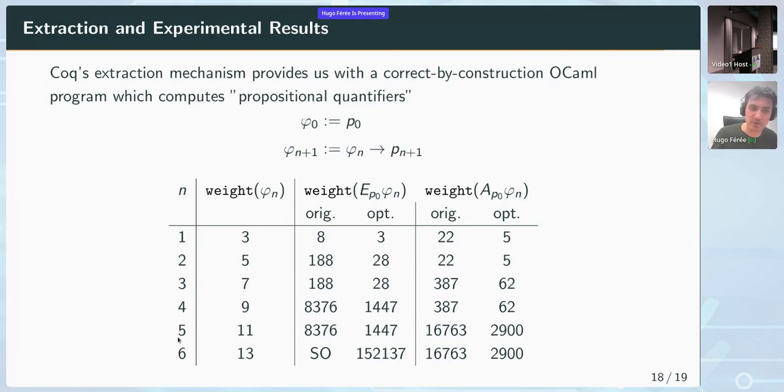So this table sums it up. If you have only, say, 5 arrows, already the size of the interpolant is a few thousand. So one point I didn't mention earlier is that we implemented the original proof, and here you see the numbers for the original proof, the size of the formulas you build for E and A. But we also did some optimizations, meaning that when we build the interpolant, or the propositional quantifier, we use some admissible rules of the logic, like if you have bottom and something, you can simplify it.